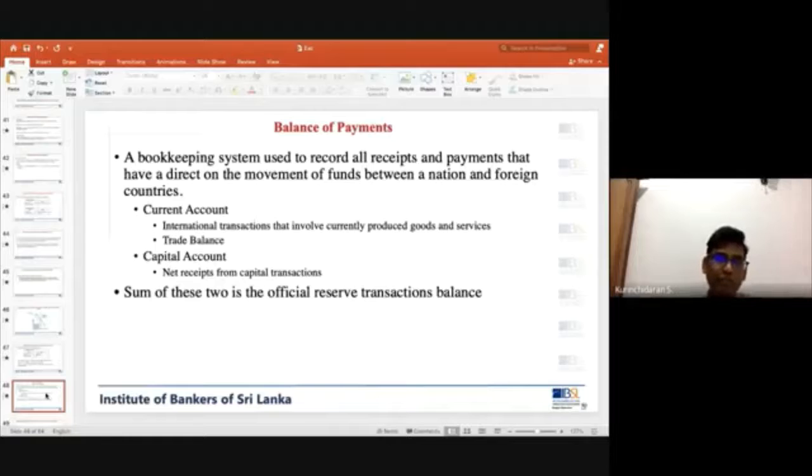If you go through this balance of payments account, the real account, you can see there are two sets of segments in that account. One is the current account, the other is the capital account. Any transaction which occurs in a recurring nature comes under the current account.